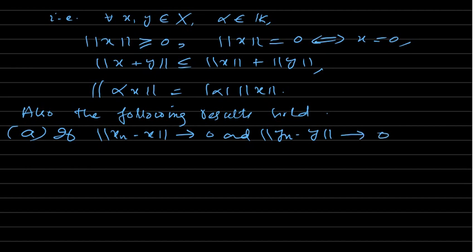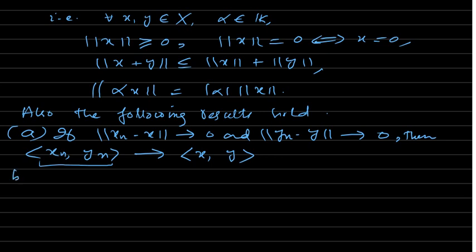Then this holds: the inner product of xn with yn converges to the inner product of x with y. That means actually this inner product is a continuous function.